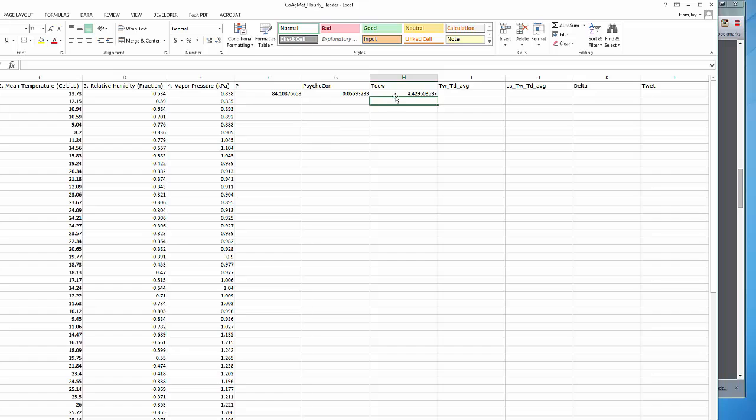Okay, so that gave us the dew point temperature, about 4 degrees. All right, seems kind of low, but again, it's only 13 degrees outdoors at the moment. So there's our approximation of dew point temperature.